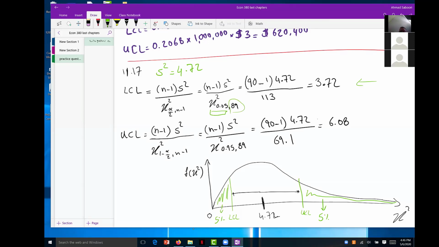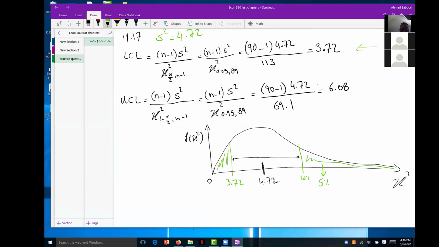Implementing these values and calculating, I get a lower confidence level of 3.72. So cutting off the 5% tail, if the observed variance was 4.72, the lower confidence level for my estimation is 3.72.